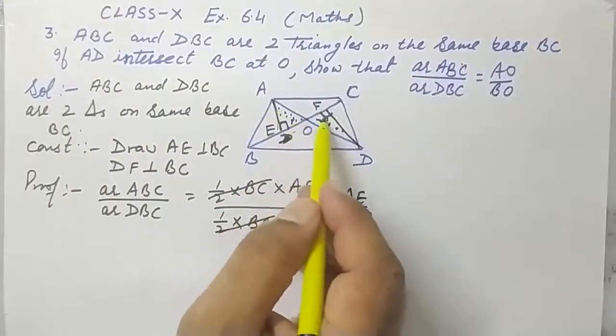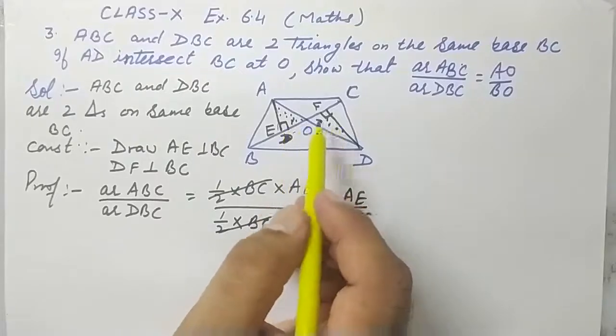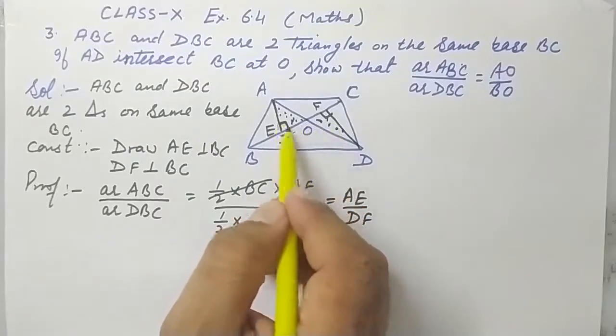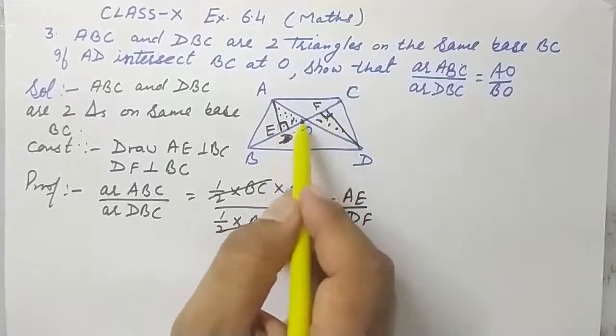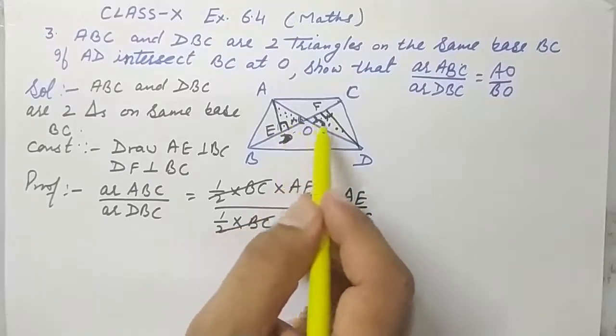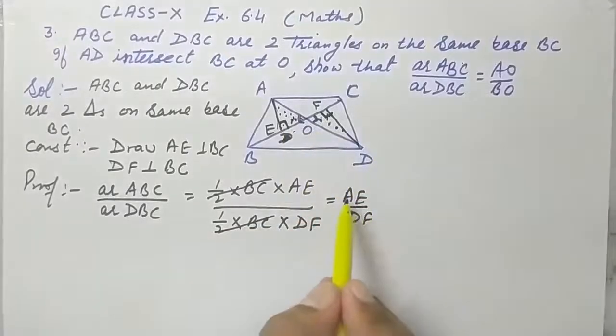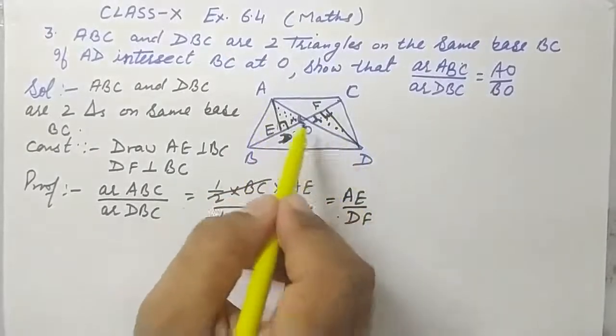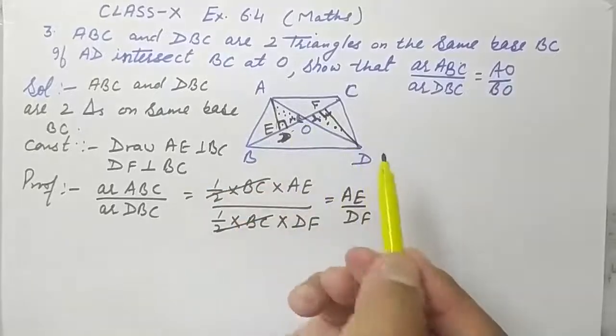By AA we can make these two triangles similar. Angle E is equal to angle F, 90 degrees each, and these are vertically opposite angles. So by AA these two triangles are similar. So by CPST we will write AE over DF as AO over DO.